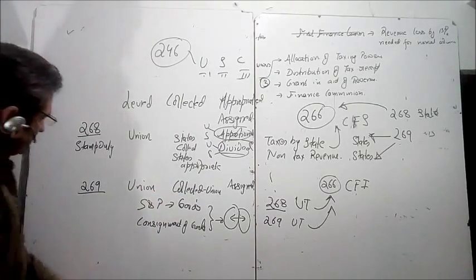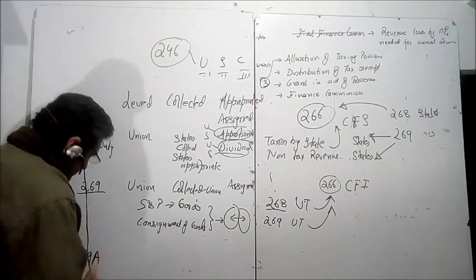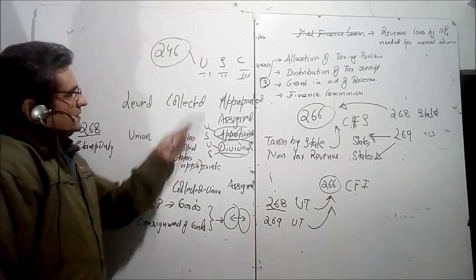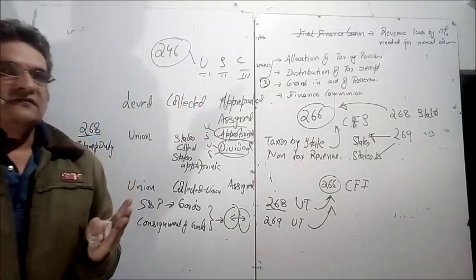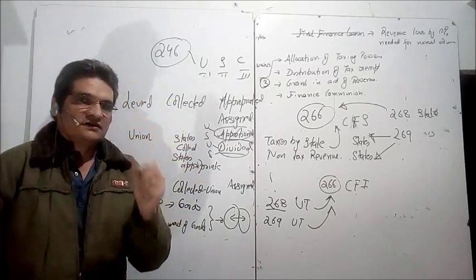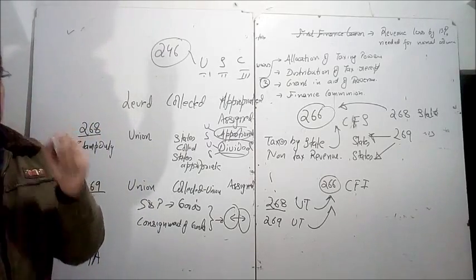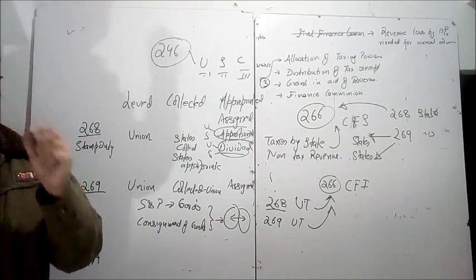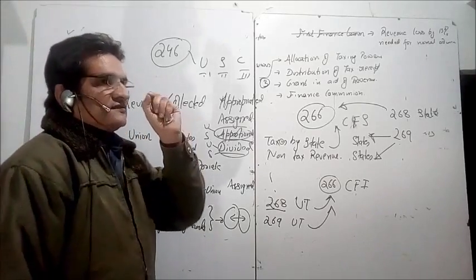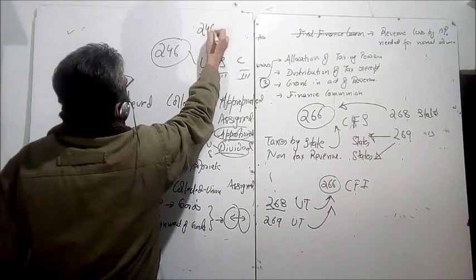Now there is another tax, 269A, which you are familiar with, which is goods and services tax. The list of taxation, the areas of taxation which are there in the union list and in the state list, you will not find mention of goods and services tax. Goods and services tax has been separately mentioned in Article 246A.